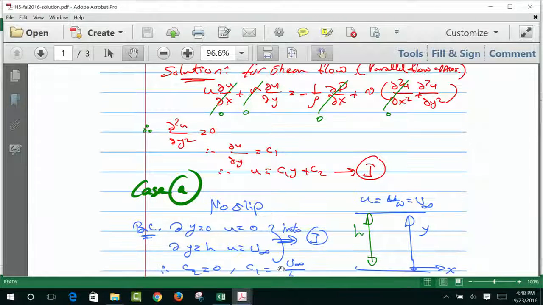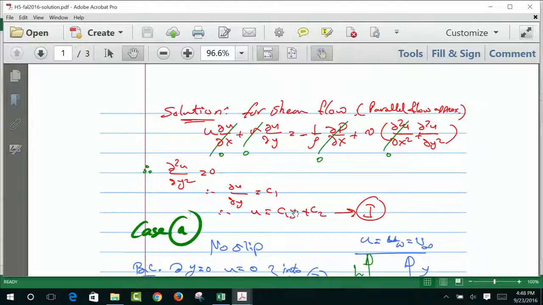Well, at that step, you just realize that partial u partial y is c1. And then we integrate one more time. Of course, partial u partial y becomes u, c1 becomes c1y, and every time you integrate, you bring another constant, c2.